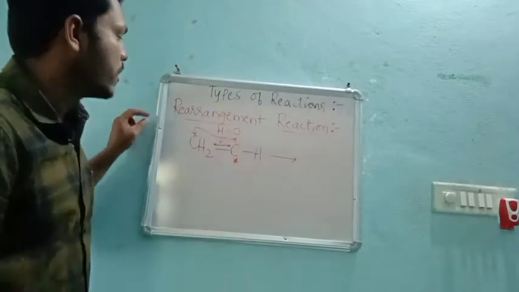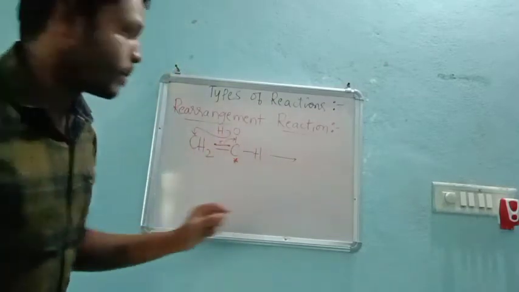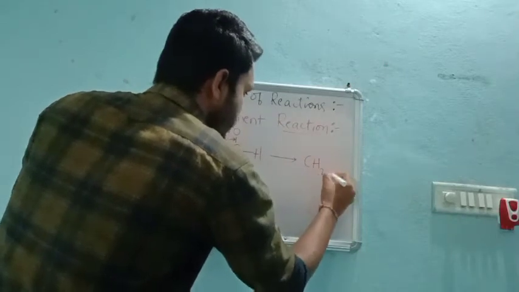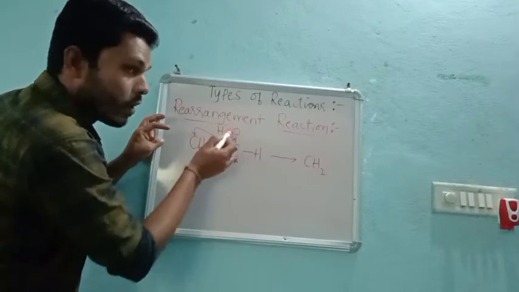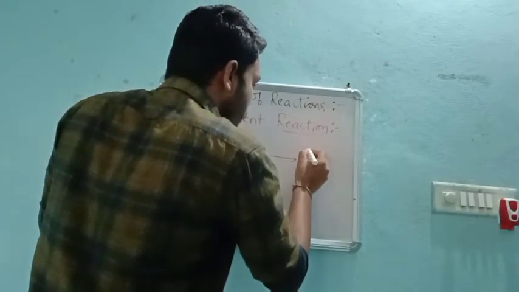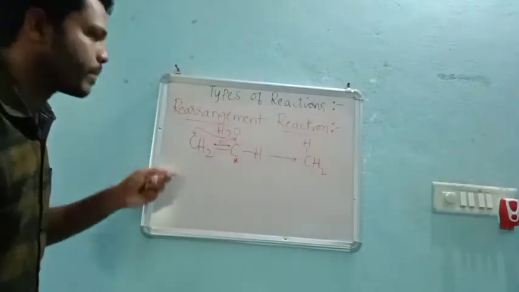Very important. So now compare the reactant with the product. See, now CH2 as it is, but one H is coming from the oxygen. So now the number of hydrogens becomes, we can directly write CH3, or you can show it like this, right?